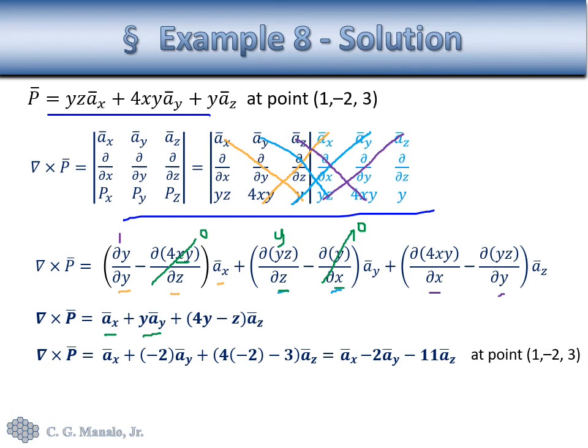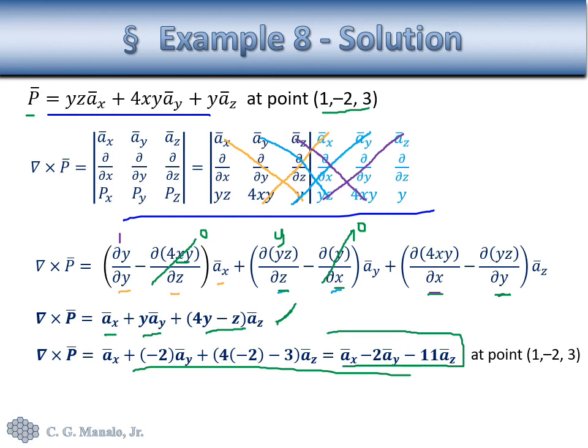Here we do a partial derivative with respect to x, which should give us 4y, and here this should give us z, as shown here. Therefore, this is the curl of the vector field P. At this point, we simply substitute the coordinates into the curl, and we should get this vector.